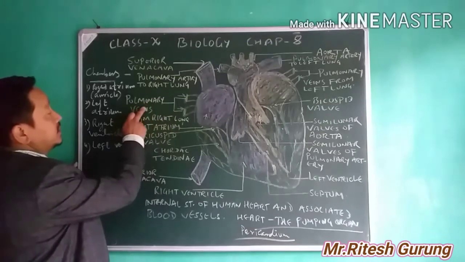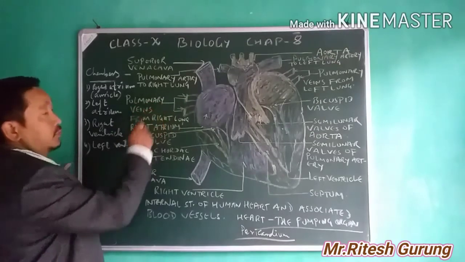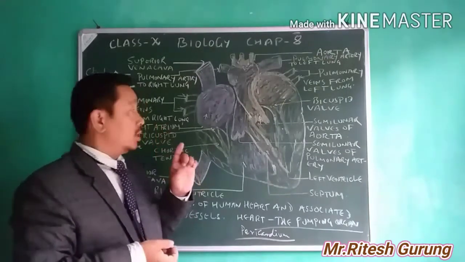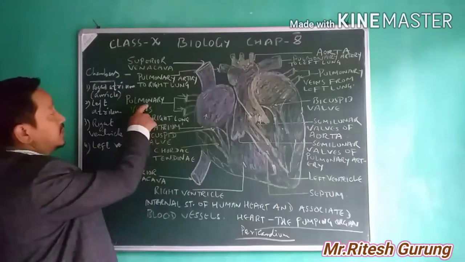Pulmonary veins from the right lung. We have two lungs, so two sets of pulmonary veins.